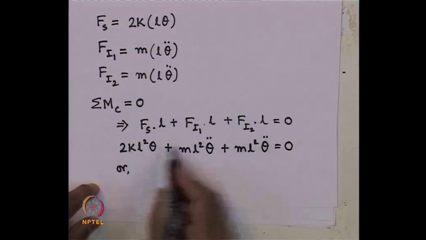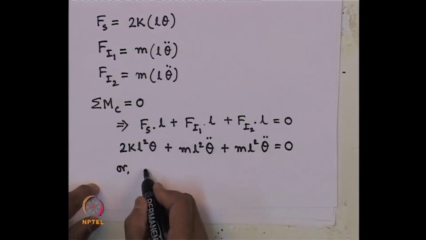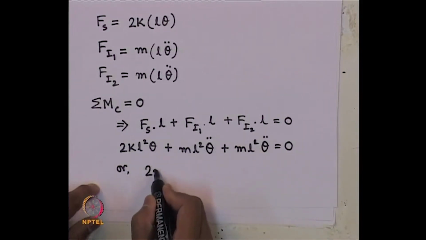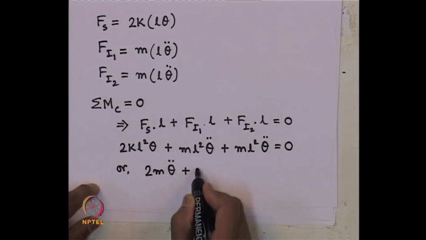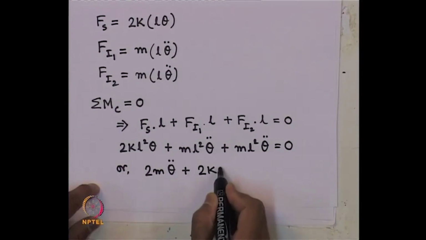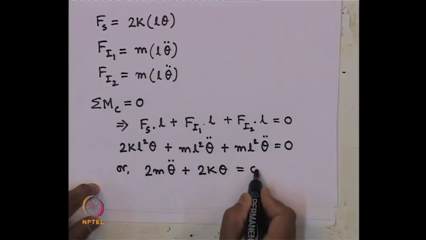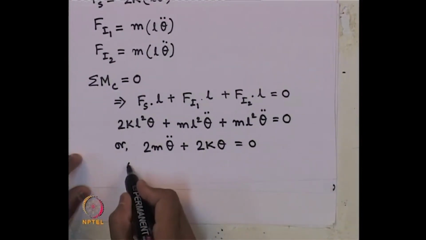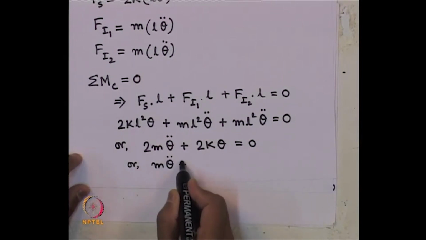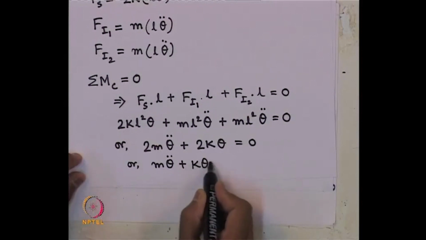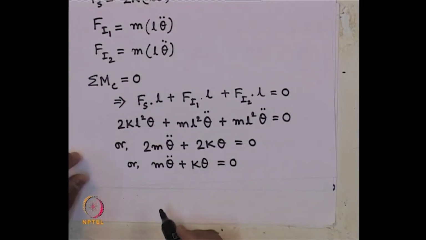We can take out L square and write it as 2 m theta double dot plus 2 k theta equals 0, or m theta double dot plus k theta equals 0.